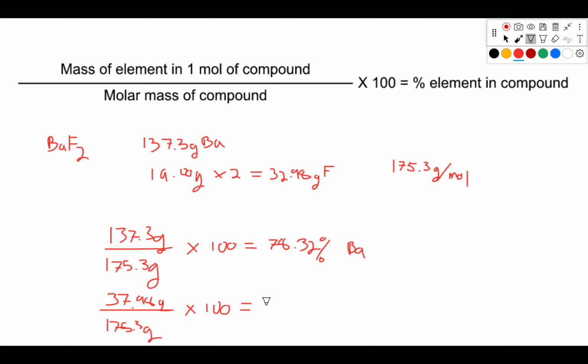And come out to about 21.66% fluorine. So while there is more fluorine in this compound, the mass of fluorine is significantly less, which means it makes up less percentage of the mass.